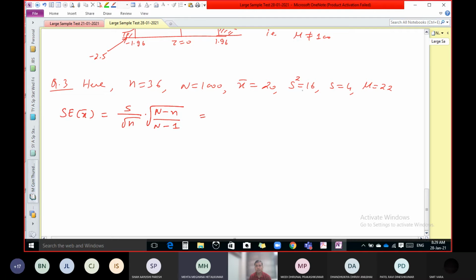Correct. So let us put all values. This is 4. Root n, root of 36 is 6. Into square root of 1000 minus 36 upon 1000 minus 1. So it is 4 by 6 into square root of 964 upon 999. So do the calculation.